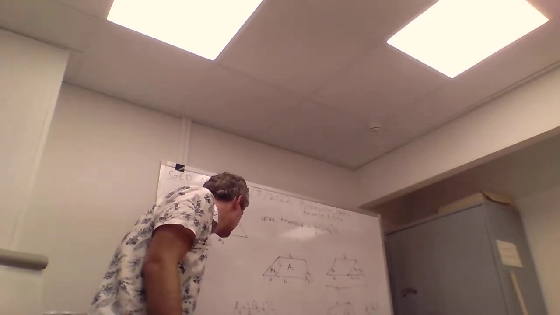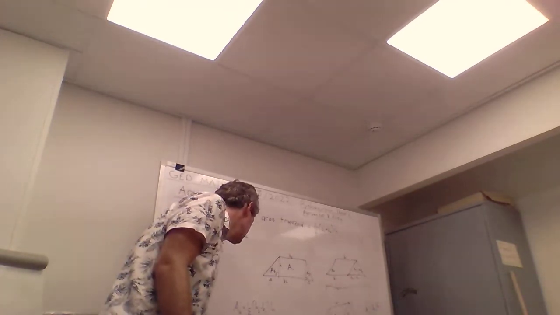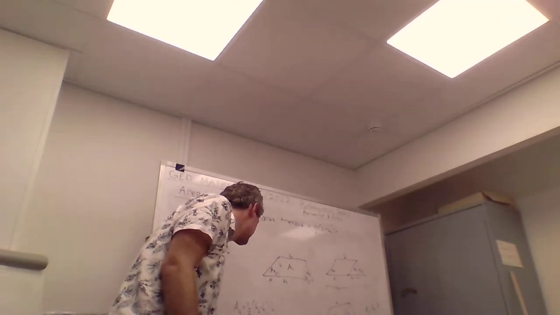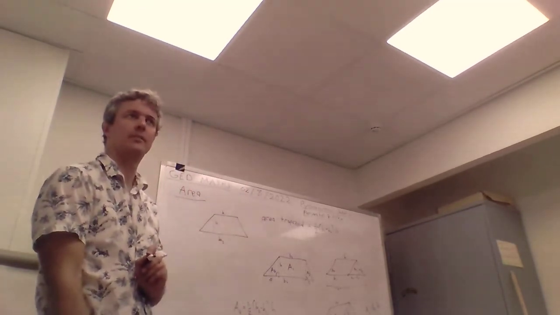So this equals B1 times H plus 1 over 2 B2 times H minus 1 over 2 B1 times H. Do you see that?